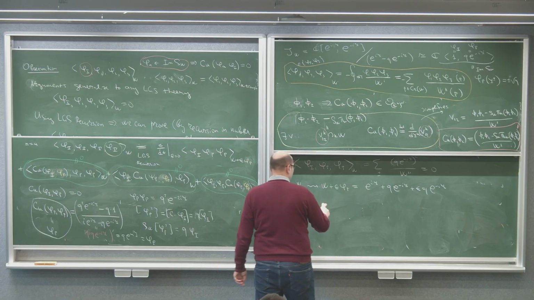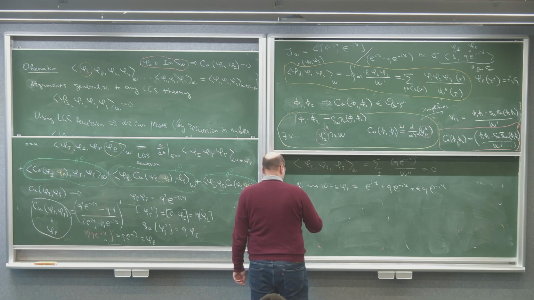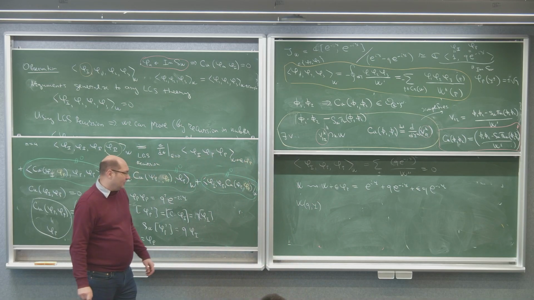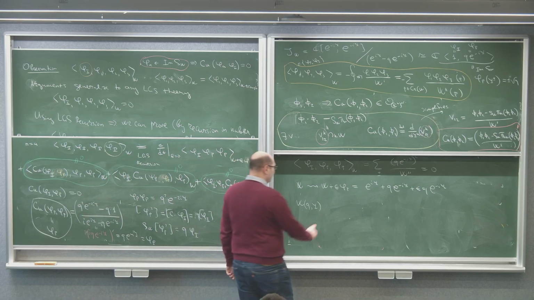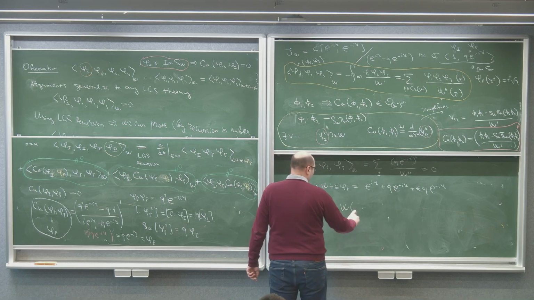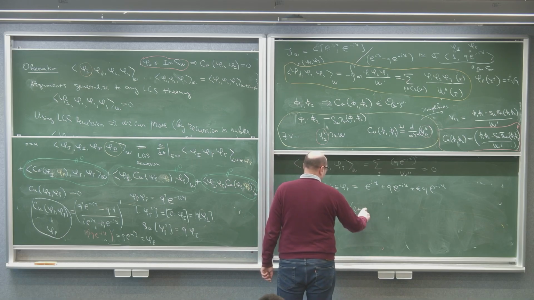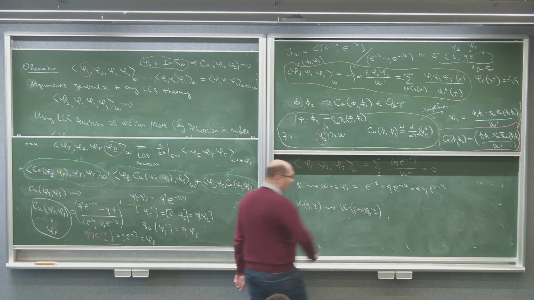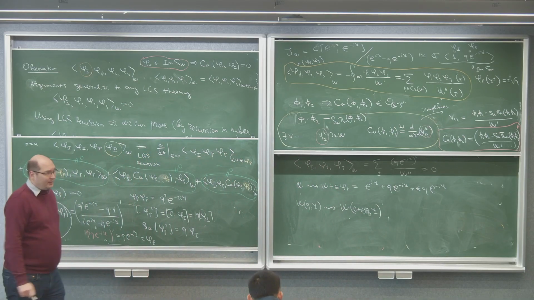We can just say that if we keep track of the q dependence in the superpotential parameters, then the deformed superpotential will be a superpotential with the scale q multiplied by 1 plus epsilon.